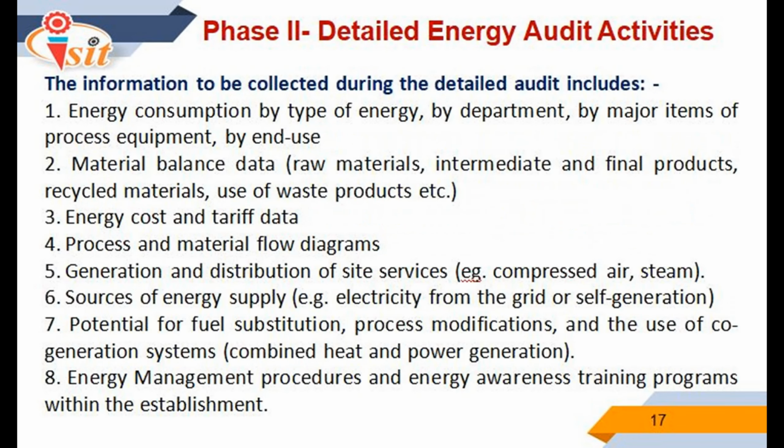The next important point is the detailed energy audit activities. It is related to phase two. Depending on the nature and complexity of the site, a comprehensive audit can take several weeks to several months to complete.